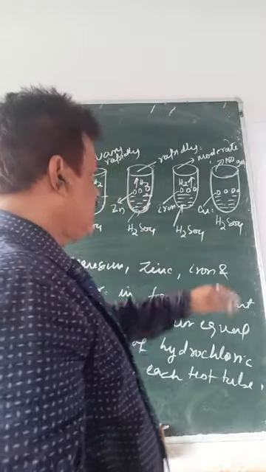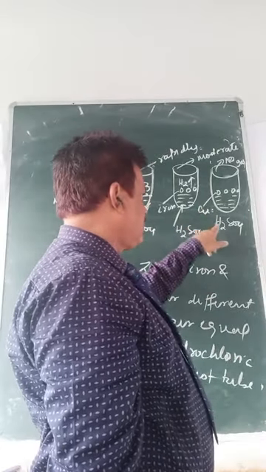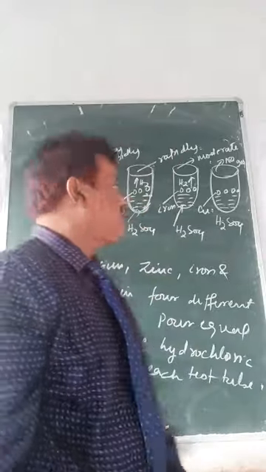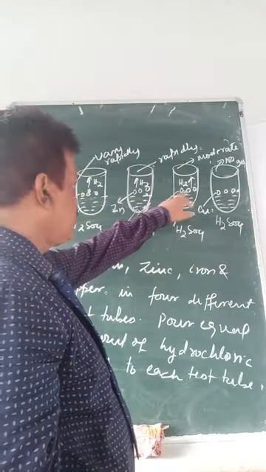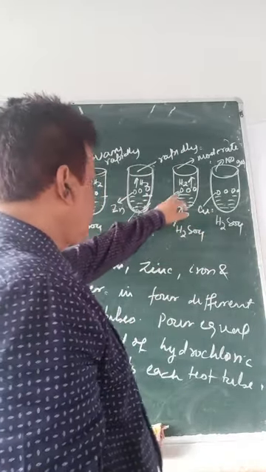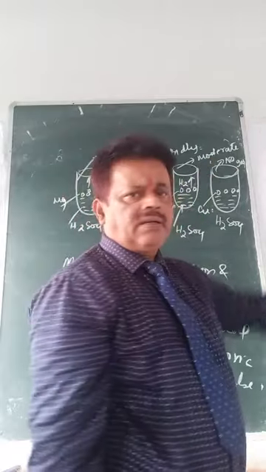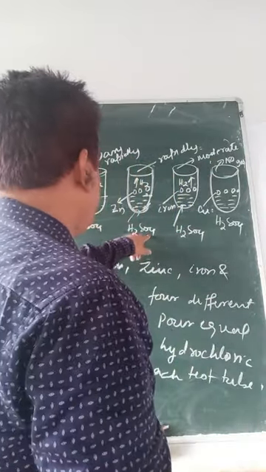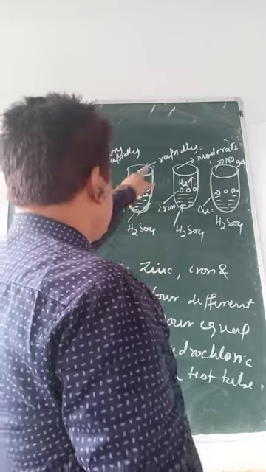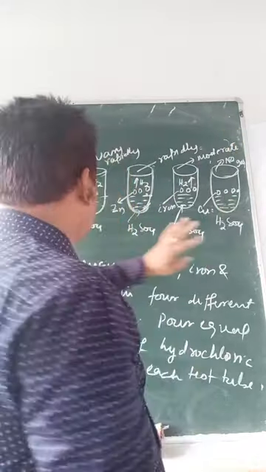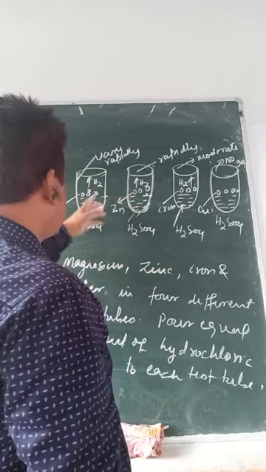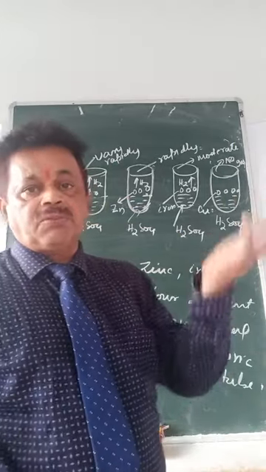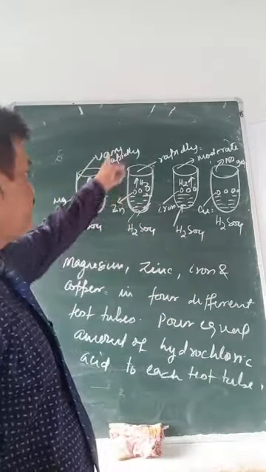That means copper doesn't react with acid here. Iron reacts with sulfuric acid but moderately, not fast. Zinc reacts with hydrochloric acid rapidly, but faster is the magnesium, means the gas comes more and more and it is very fast.